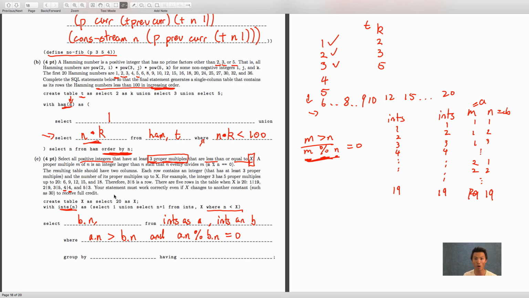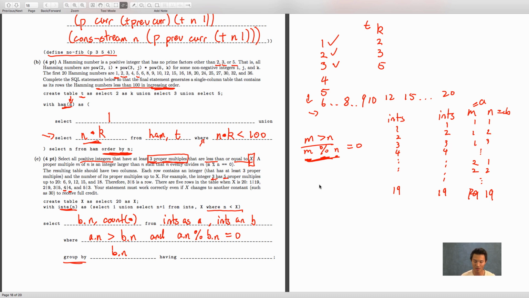We see that the final result contains the integer and the proper multiple that we have. So something that can count the number of rows is count star. Right. But count star counts everything, right? What we want to do is we're going to group by b dot n. So here, let's look at 3 has 5 proper multiples.